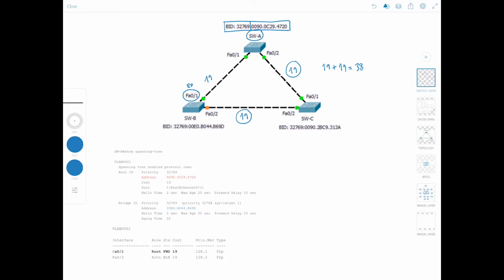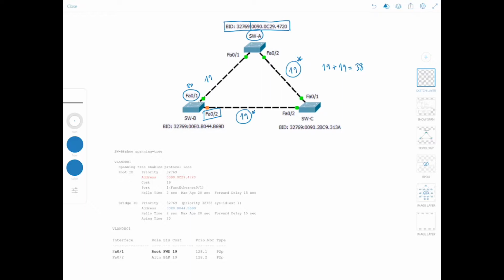But we could make this interface the root port by changing the total path cost to lower than 19. And that means we would have to modify both of these links to make the total cost lower than 19.